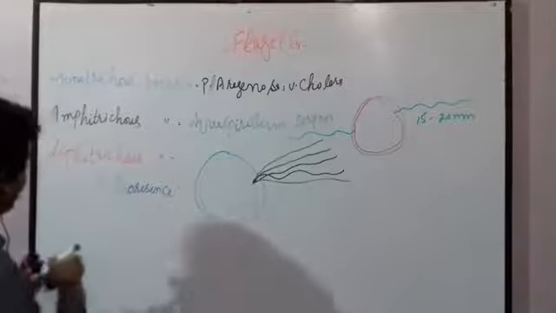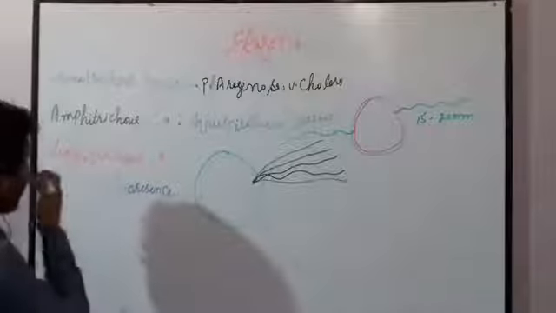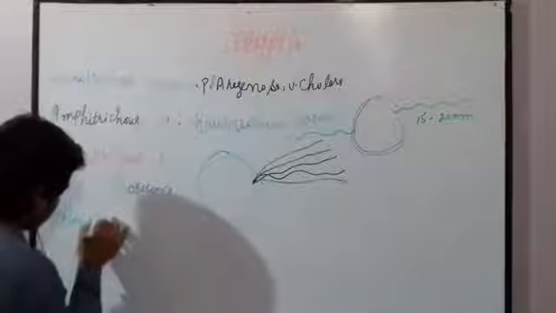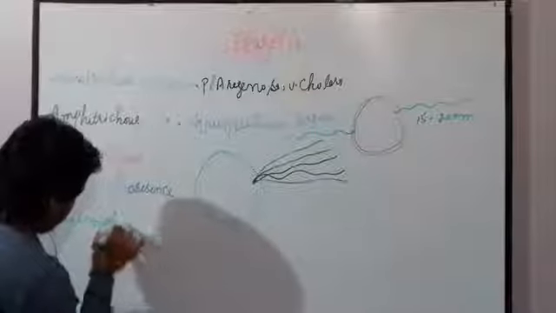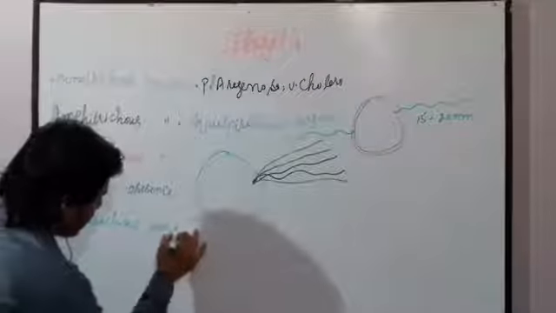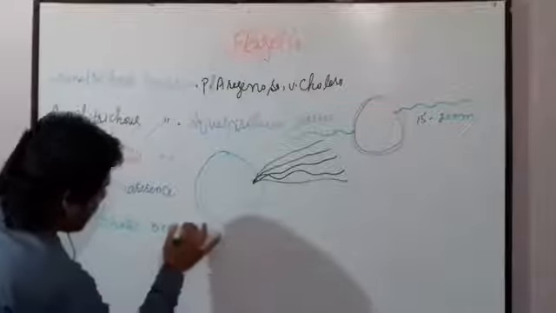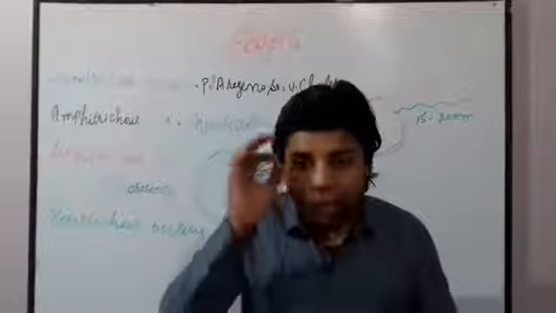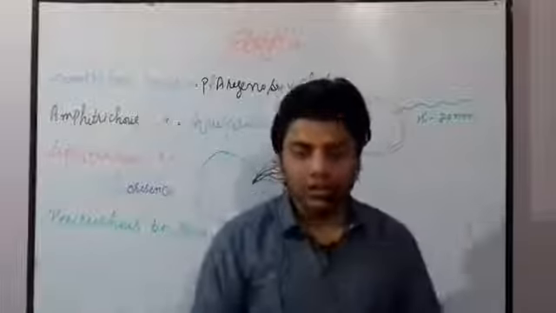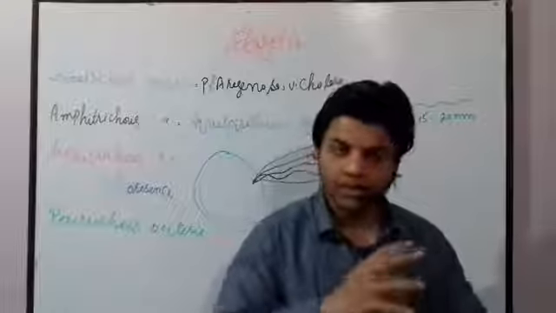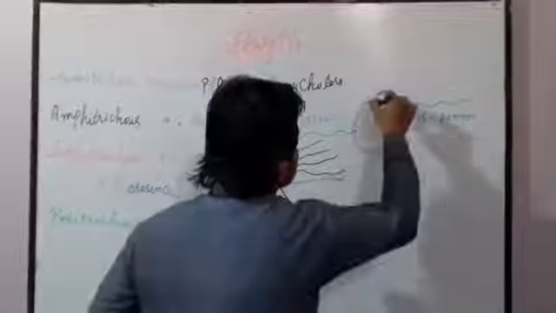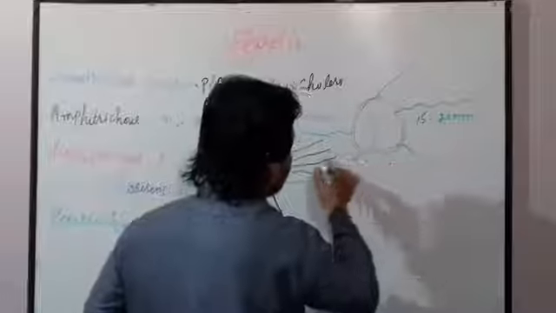Then last we have another type, which we call peritrichous bacteria. Peritrichous bacteria are the type which have flagella on different sides of the bacterial surface. Let's suppose this is a bacterial surface; in this case they have a lot of flagella at that area, that area, and that area.